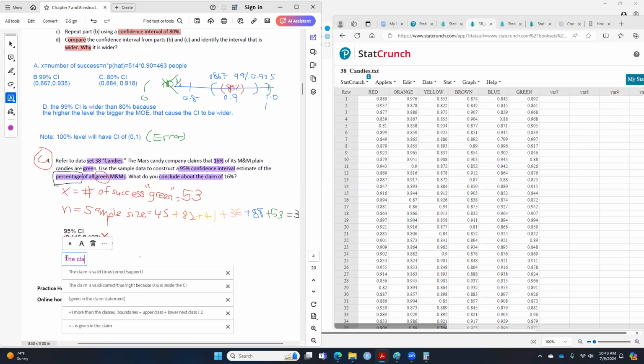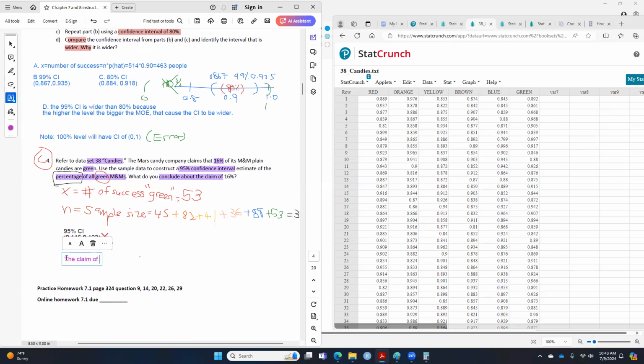So for this case, the claim of 16% is valid, or is true, or is good because, although the question doesn't ask us the reason why, this is the reason: 16% is inside the CI. Again, CI is a short form for confidence interval. Okay. So this is how we do question 4 here.